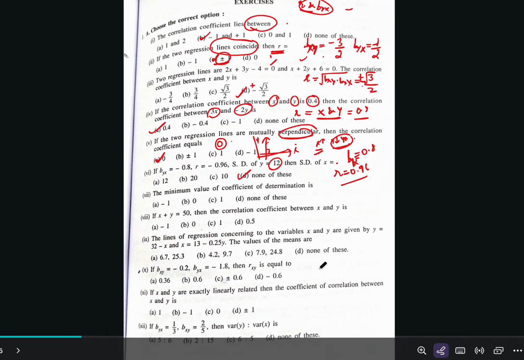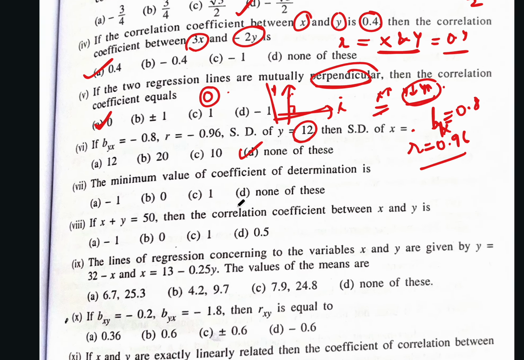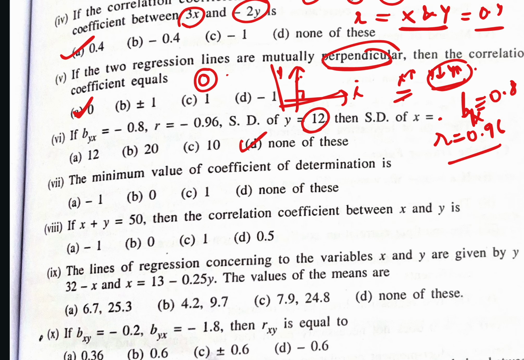Yes, it was there. Okay, minimum value of coefficient of determination is, so I will go with 0, I think. Is the 0 the correct answer? Yes, it is. Okay, if x plus y is equal to 50, then correlation coefficient between x and y is, now x plus y is 50, I think.